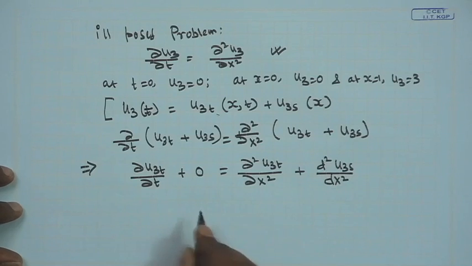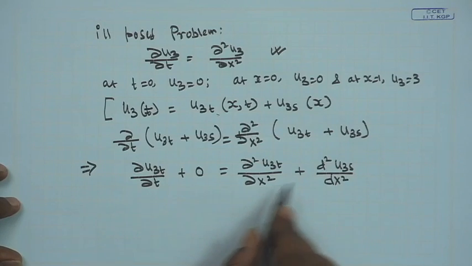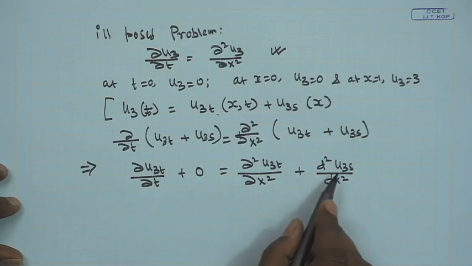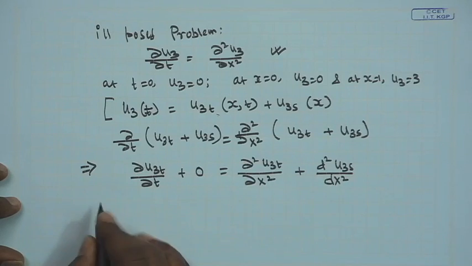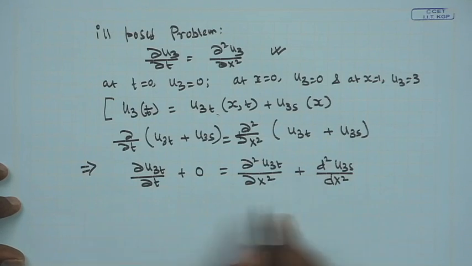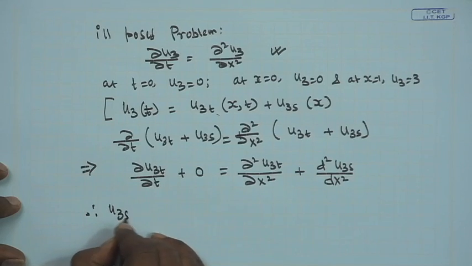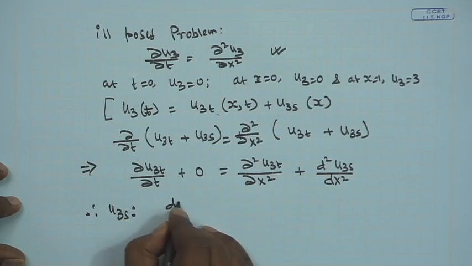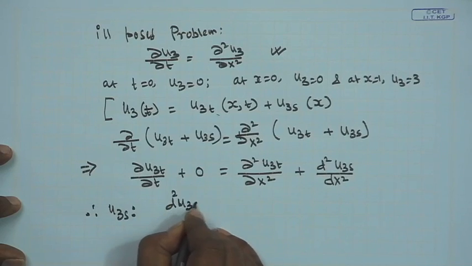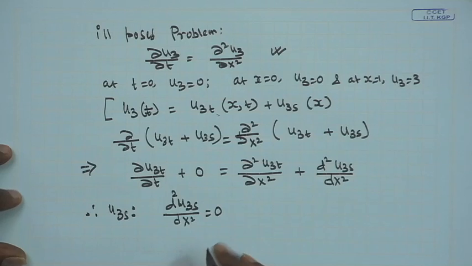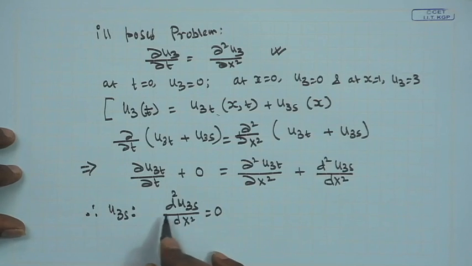Next we will be collecting the similar terms and formulating the governing equations of u3t and u3s. Only u3s is coming in the time independent part. Therefore the governing equation of u3s is d square u3s dx square equal to 0, and we need to have two boundary conditions.